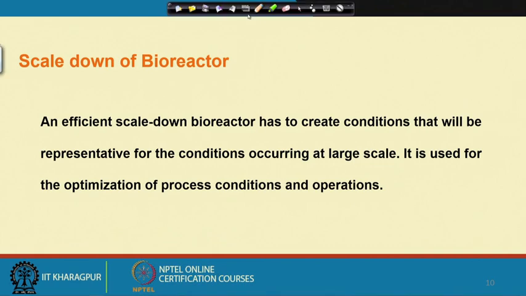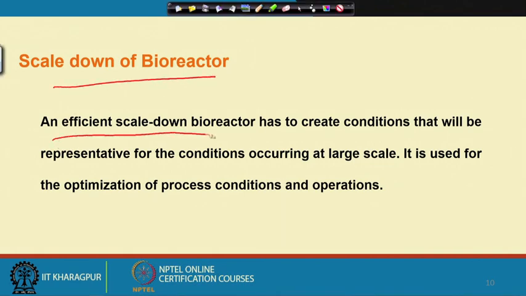Now, if we want to study the effect of certain parameters on the productivity of a particular system, then first we shall have to do it at the small scale. That is what we call scale down, and then we can study at the bigger scale. So this is considered the scale down of bioreactor.